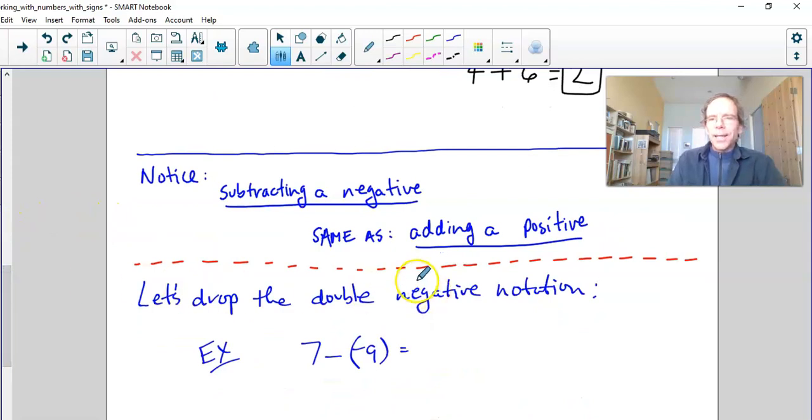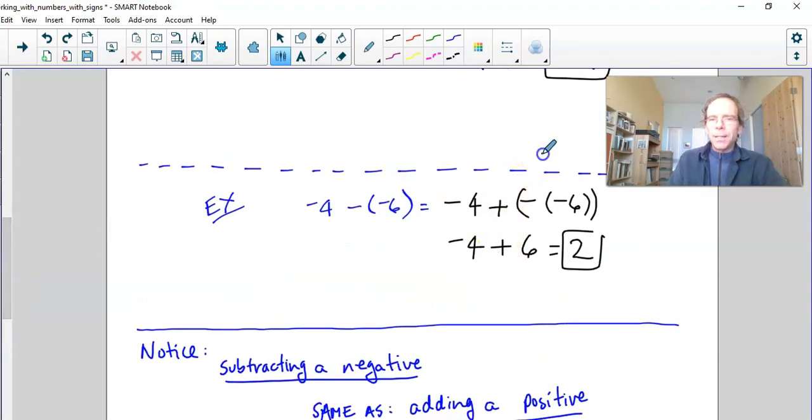So let's just talk about that bit about subtracting a negative being the same as adding a positive. If we drop that double negative notation, and you see this, 7 minus negative 9, a lot of people just go, oh, put a plus on each of them. 7 plus 9, result 16. Easy, right? What do I mean by the double negative? I mean this here, where we get 2 negatives.